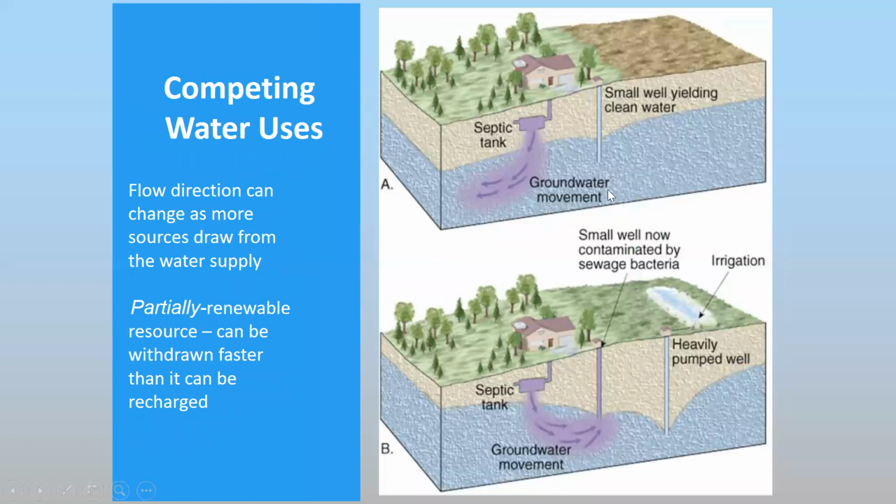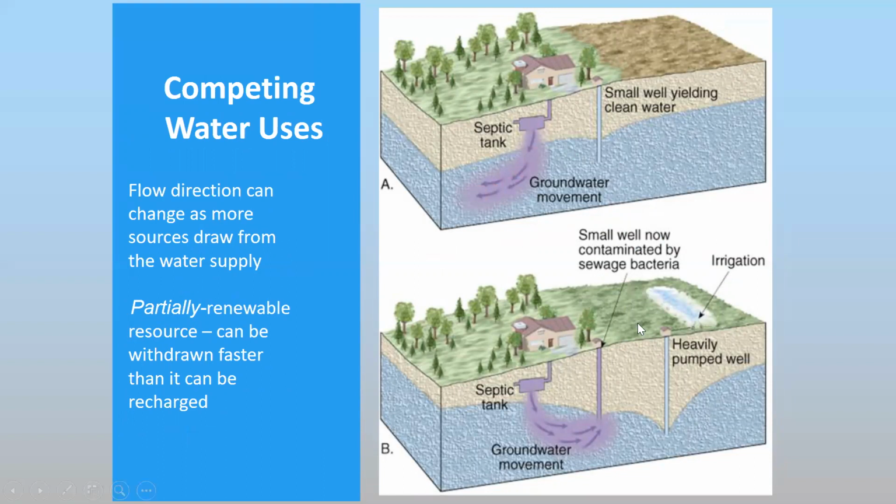Here's another graphic that just shows that groundwater does move, and the directions can change depending upon the uses that we have. For example, here's a septic tank where the effluent is moving off to the left here.